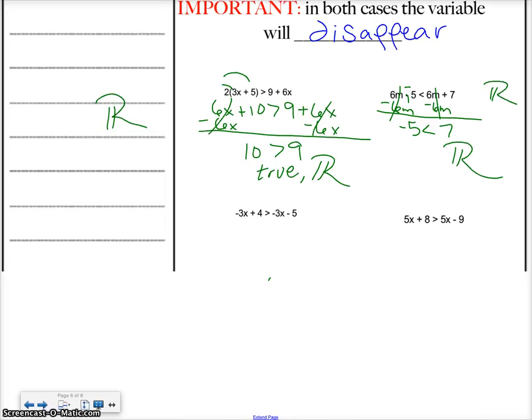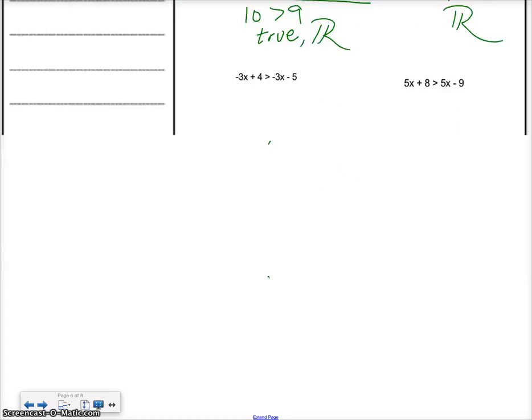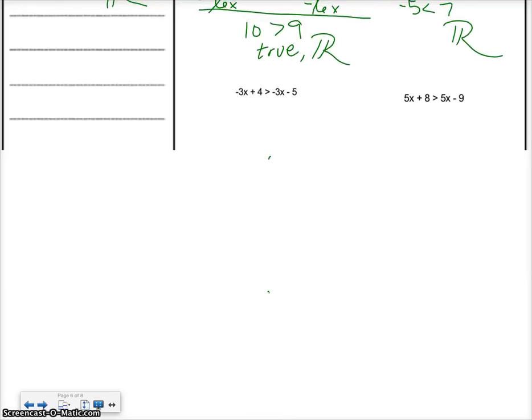Okay? Just trying to extend my page here. Another thing, my eyes right away, I'm looking for patterns. And I know that if it's special, you're going to have the same coefficients in front of the variable. So -3 and -3, same. So now I check that last term to see if it's true or false.